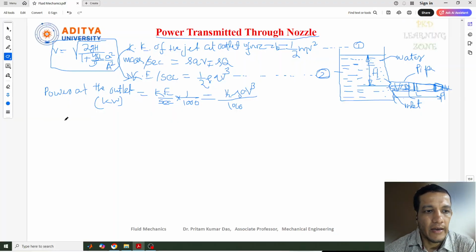Now we'll find out the efficiency of power transmission through the nozzle. So efficiency equals output by input.